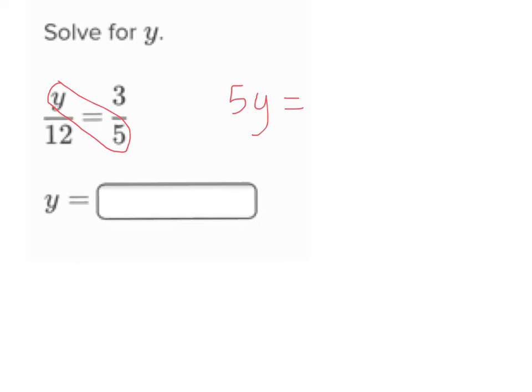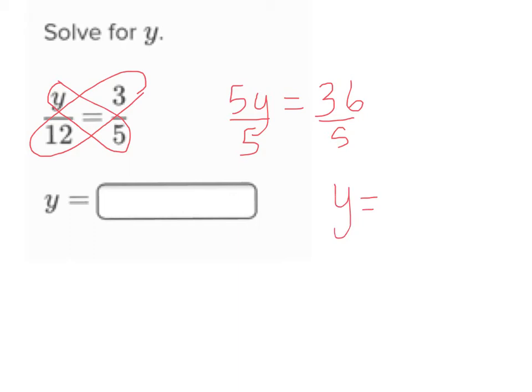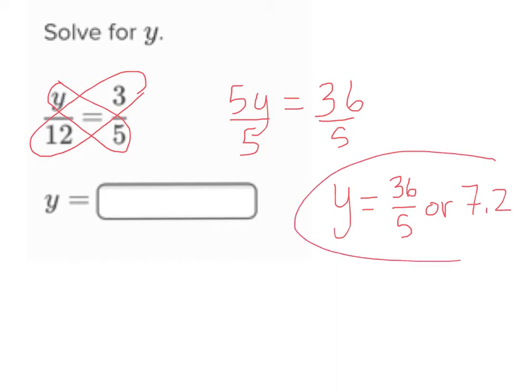And then I'm going to do 3 times 12, which is 36. And now I need to divide by 5 on both sides. And so y equals, we can write 36 over 5, or 7.2. And so either of those is the correct answer.